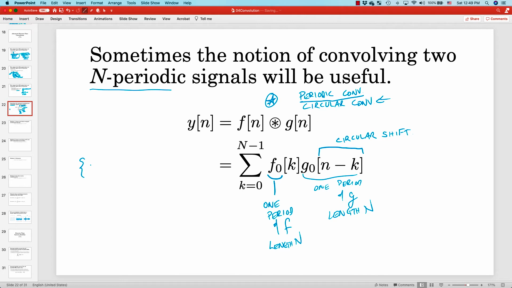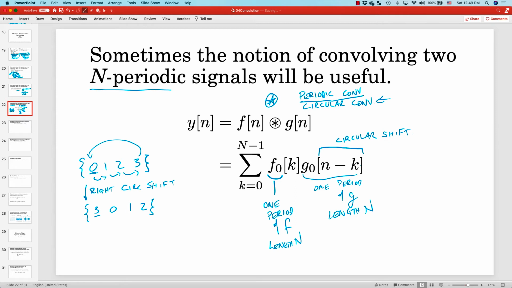If I have a sequence of numbers 0, 1, 2, 3, then a right circular shift just means everything moves to the right, and then off the end, moving to the right from the end actually moves you back to the beginning. So this would be a right circular shift if we end up with 3 at the beginning, then 0, then 1, then 2.